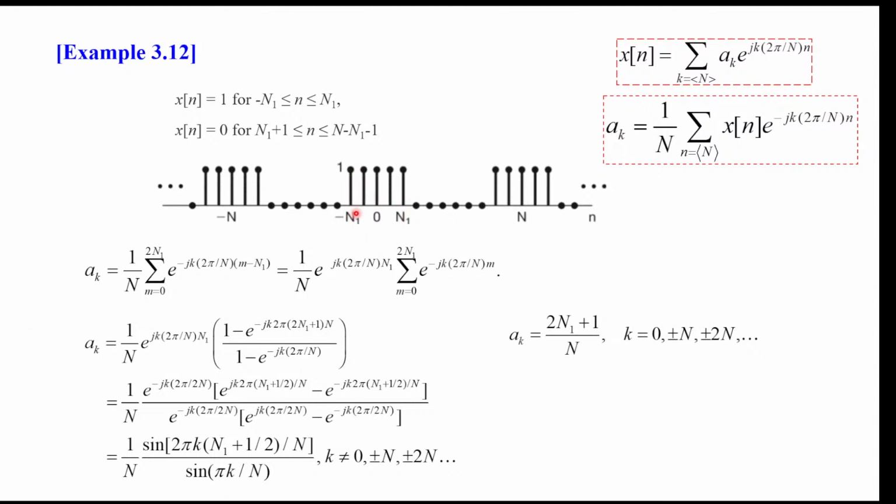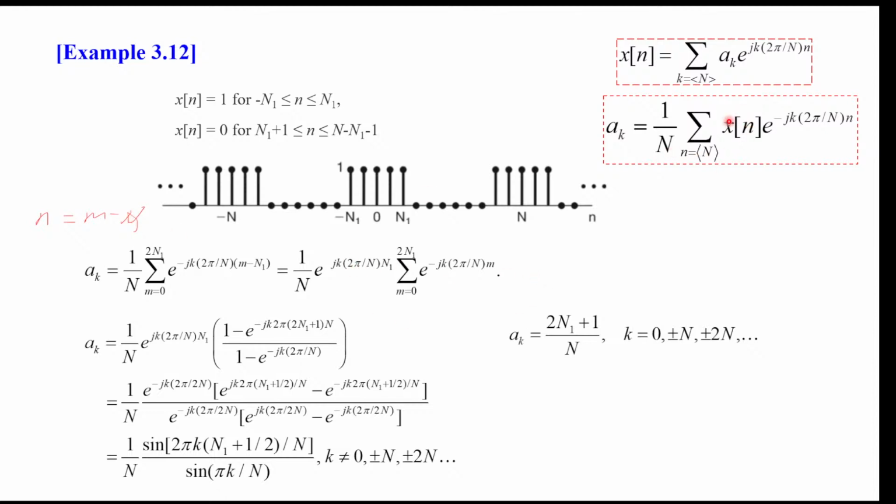So m is basically n minus n1, or n plus n1. I should write down the change of variable here. We are going a bit faster. So we have m equal to n minus n1.